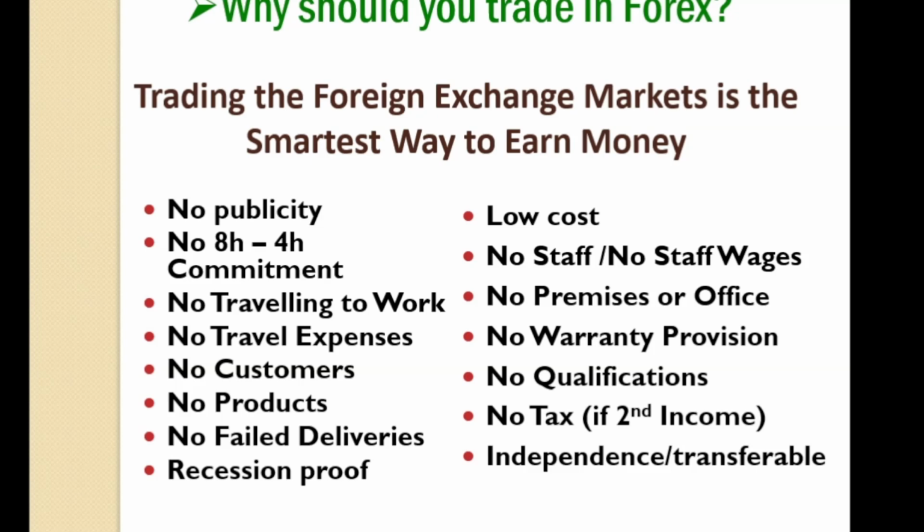We do not have any commitment to travel to work, nor spend on travel expenses. We don't have any customers to entertain. We don't have a product that we are selling. We don't have to worry about failed deliveries. And even if the economy is in a recession, we always make profit out of it. In Forex, we say bad news is good news.